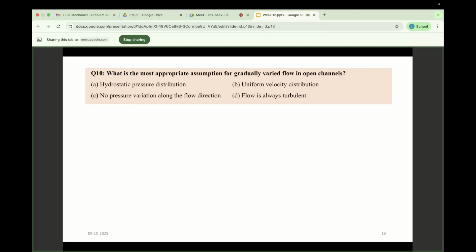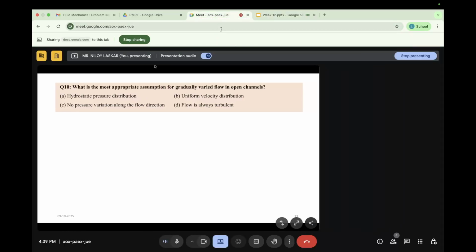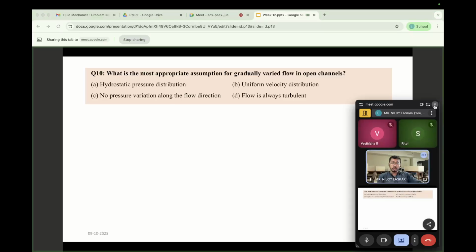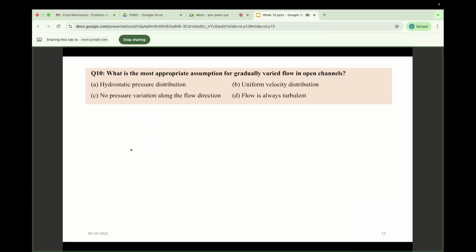The question is: what is the most appropriate assumption for gradually varied flow in an open channel? So these are the four options, right? I'm just giving you a hint how to solve this one. Basically, I represent gradually varied flow as GVF. It occurs when there are certain assumptions.